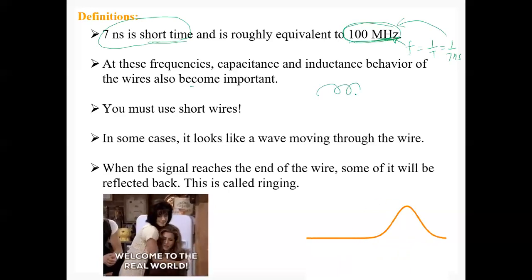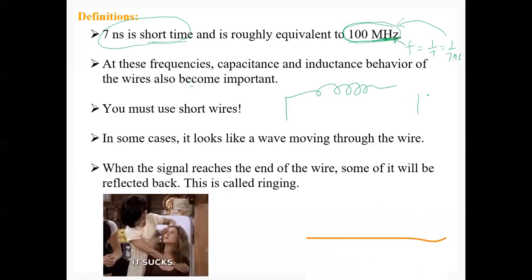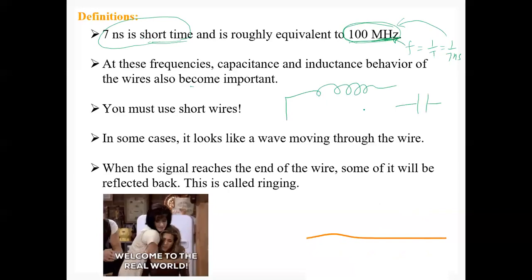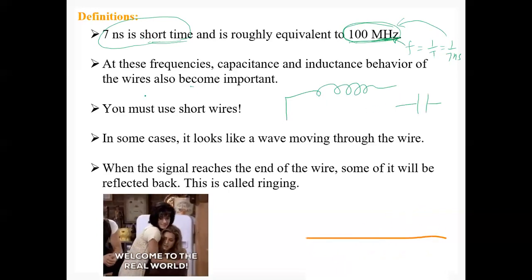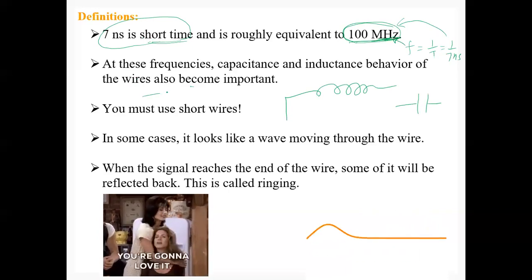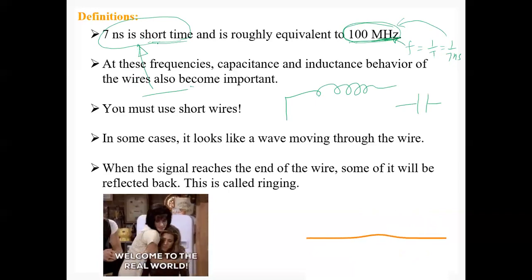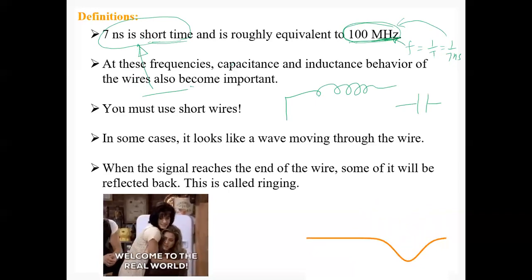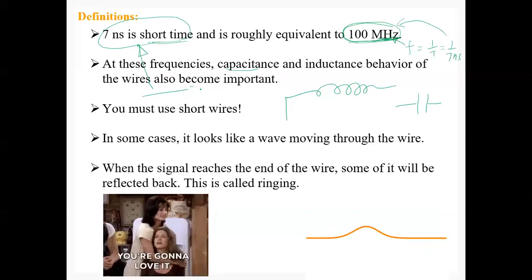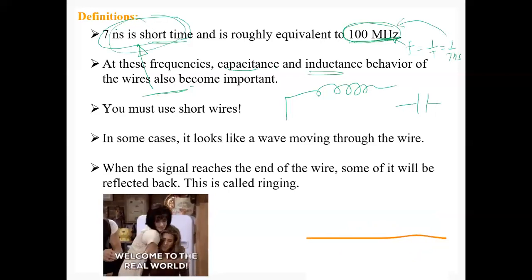So if you are talking about this short period of time, then not only do you need an inductor or capacitor to see the effect of inductance and capacitance, even the wires at this time limit behave as capacitance. They also behave like inductance at this time limit.